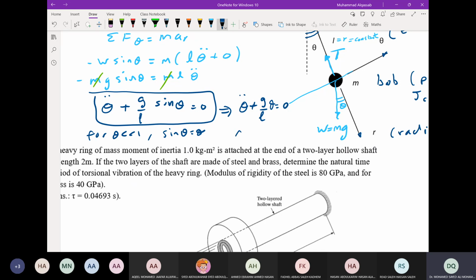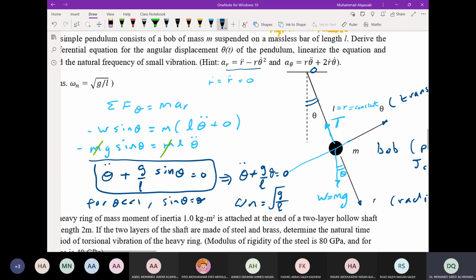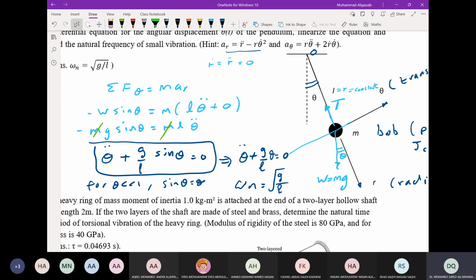Therefore omega n square is the coefficient of theta, and omega n becomes square root of g over L. If you want to use sum of forces in the R direction, you can find the tension, but there is no question about the tension. Okay, this is one approach.